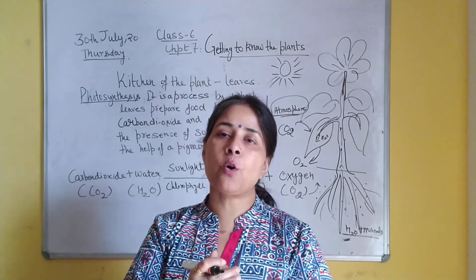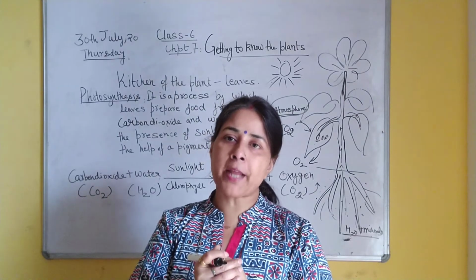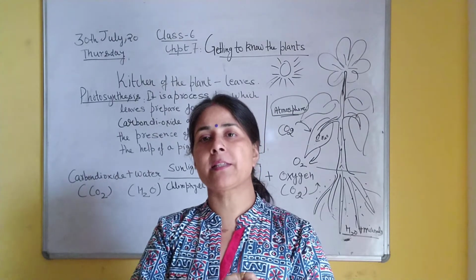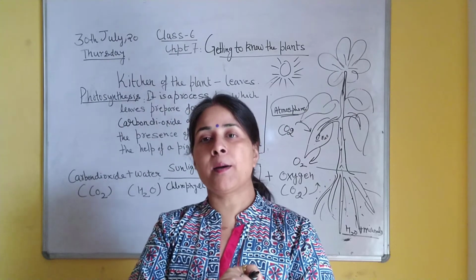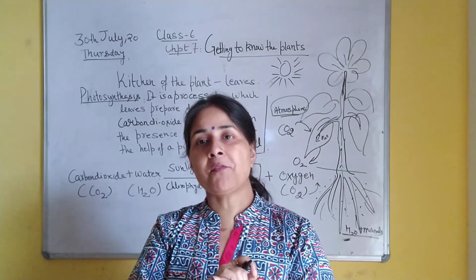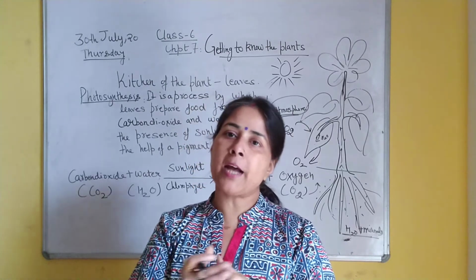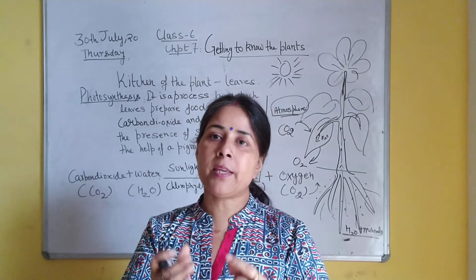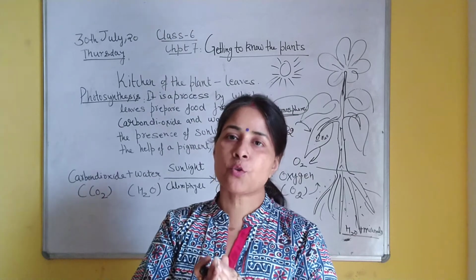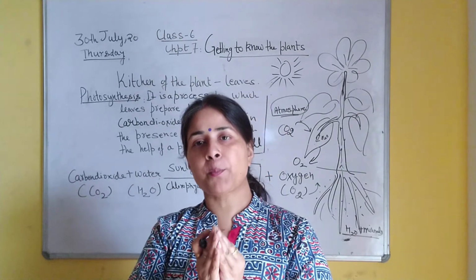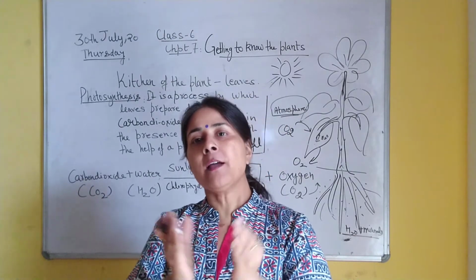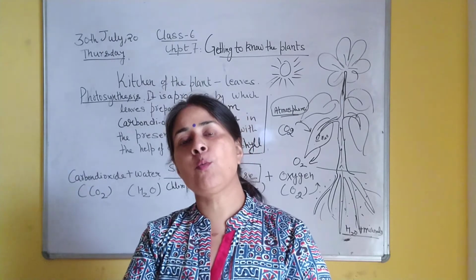The food also goes into different types of roots that we eat, like carrots, radish, turnip. In Hindi, shalgam, gajar, mooli. These are all roots which store extra food prepared by the plants, and we can also consume them.